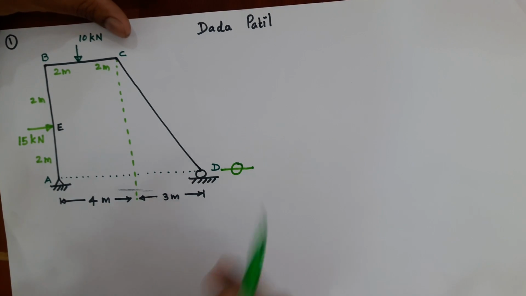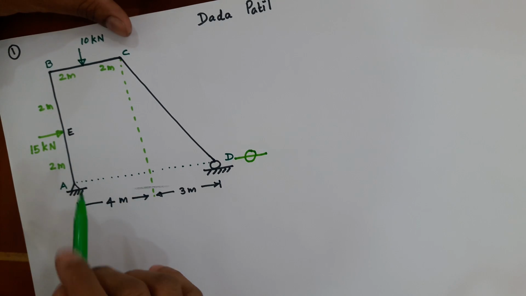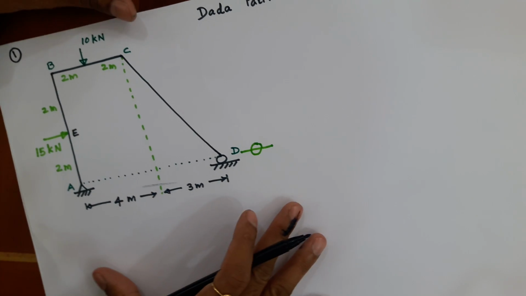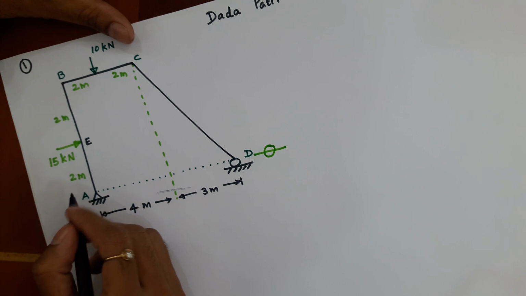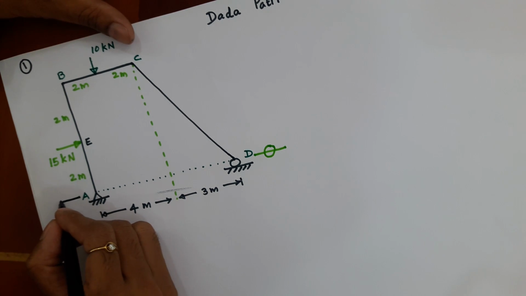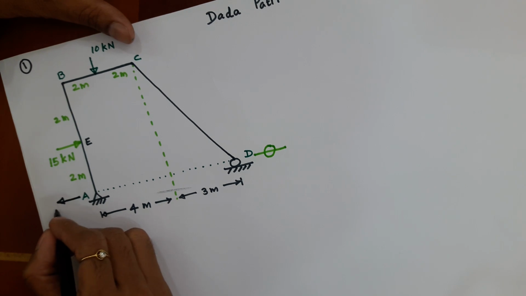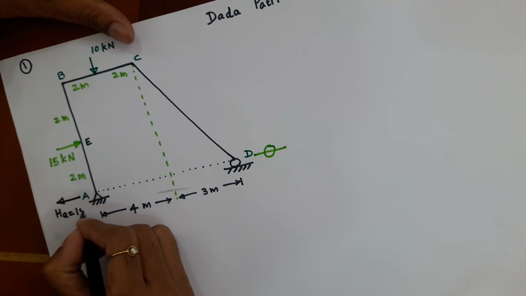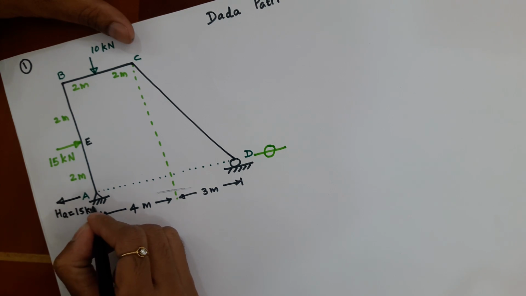So reaction here is 0. So it is obvious that this 15 kilonewton has to be counteracted by horizontal reaction at A, that is HA, which will be obviously 15 kilonewton.